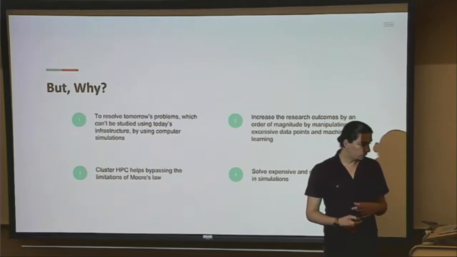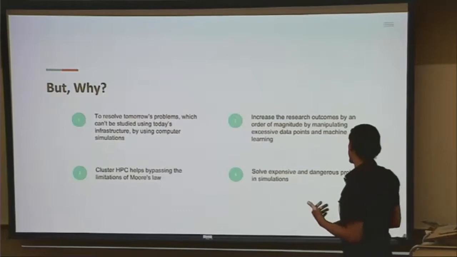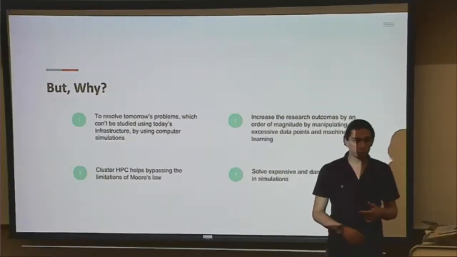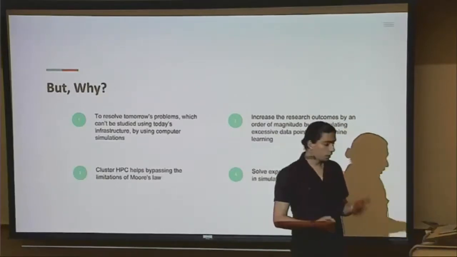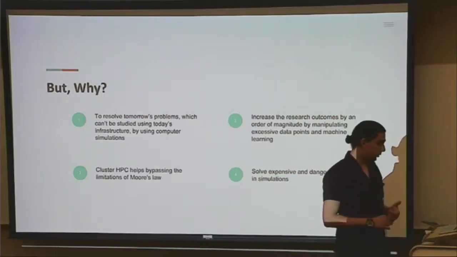This would help us increase, by orders of magnitude, the computing and research output that we are processing. We all hear about big data and machine learning, and all of these applications are hungry for computing power.